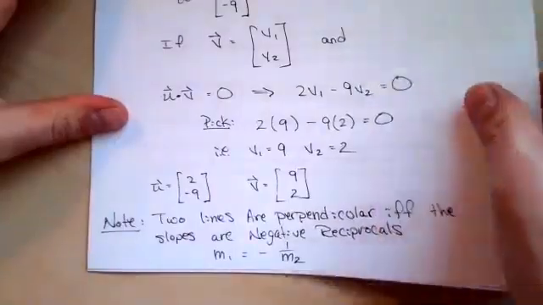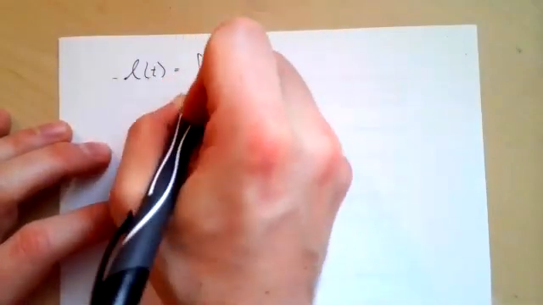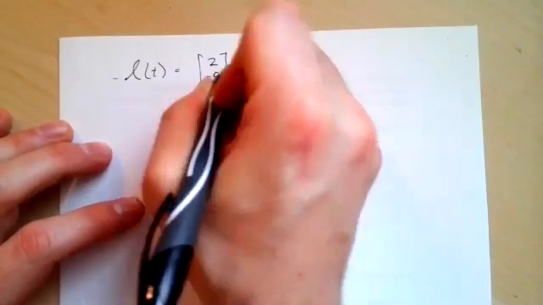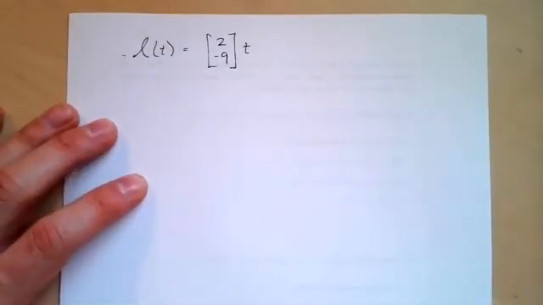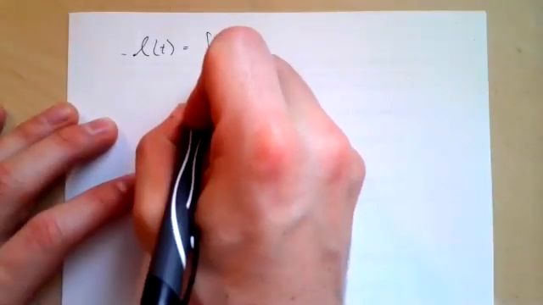So generally, we've talked about lines. What is a line? If we had a line through the origin that followed in the direction of u, it would look like this. All right, this is our u vector here.